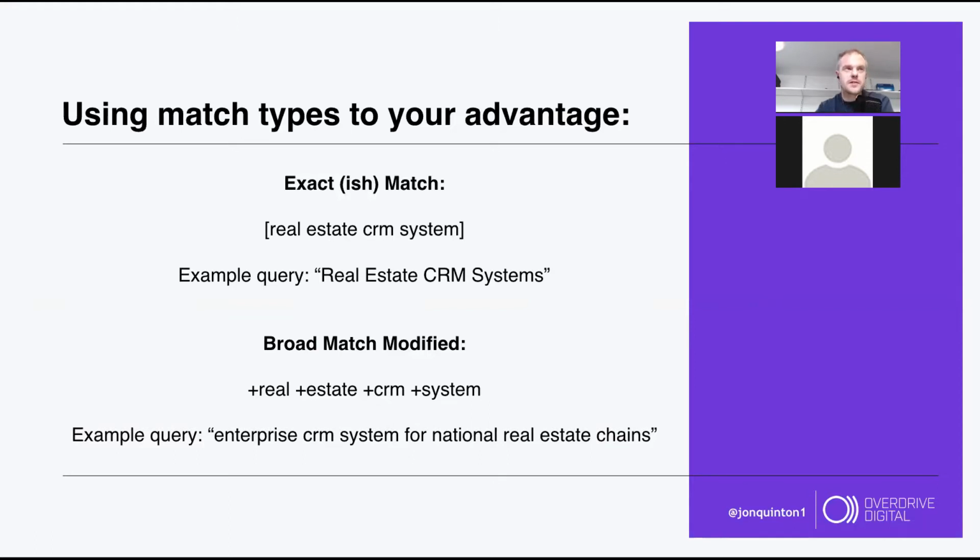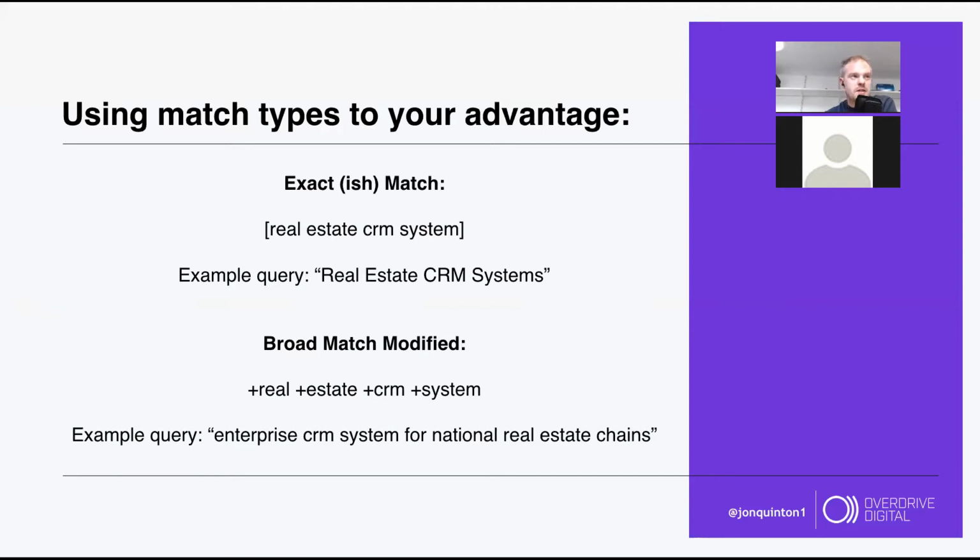I genuinely don't know why I thought of that, but I did. That's going to trigger your ad for a query that is very close to that. It's not quite exact, it will include plurals. Google's interpretation of what is exact is changing and it's a little bit flexible, shall we say, but let's keep it simple. That's going to trigger your ads for queries like real estate CRM system or systems.